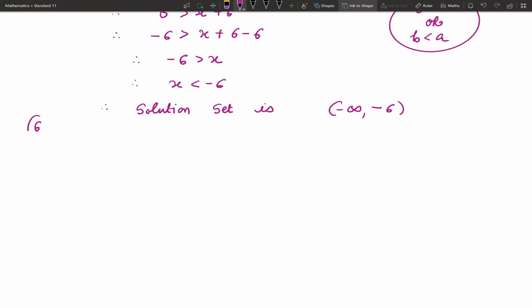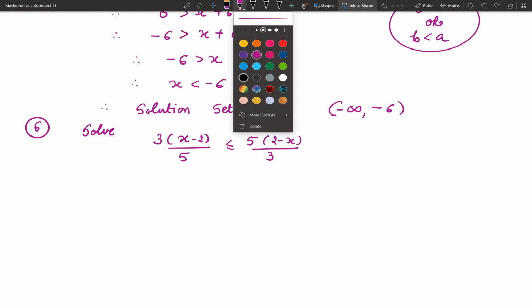Next one, solve 3 into bracket x minus 2 upon 5 less than or equal to 5 into 2 minus x upon 3.